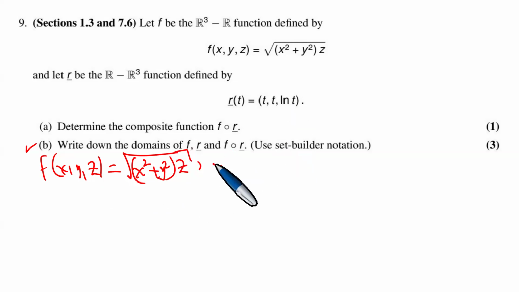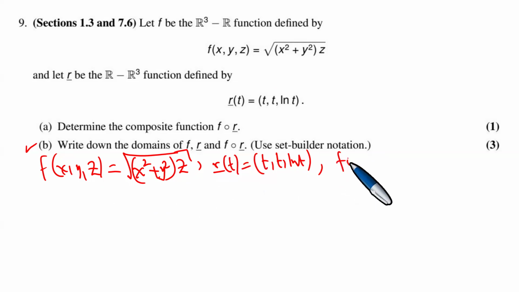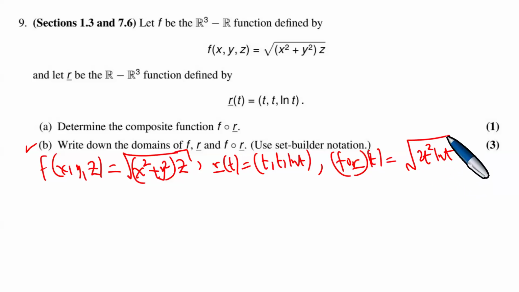And we also have the vector function r, which is t ln t. And then we have the composition function, and we have seen therefore that this one is the square root of 2t squared ln t.